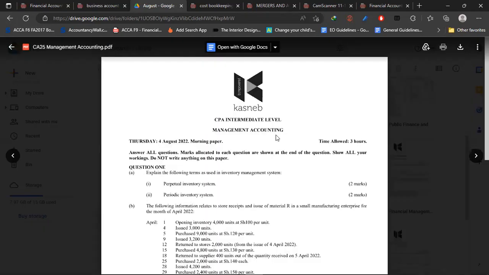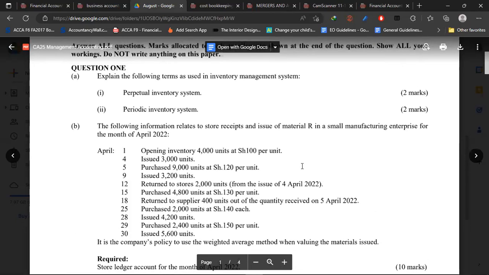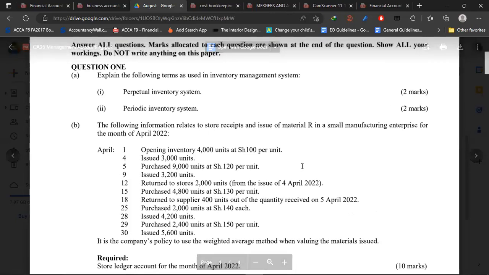The question is on August 2022, question number 1B, and the examiner is asking question number 1A. Explain the following terms as used in inventory management system: formats, perpetual inventory system, periodic inventory system. And I'll share some notes for that, so that you can answer that question well.